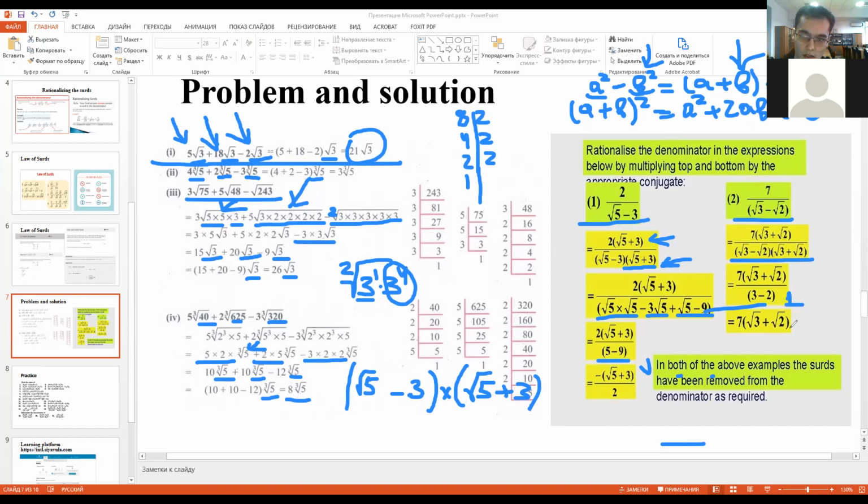That's why you can drop the denominator, and you will get this one. So this is also another way of explaining it. So it's getting rid of the root from the denominator. Do you understand? Yeah. Okay, let's go to the problem solving.